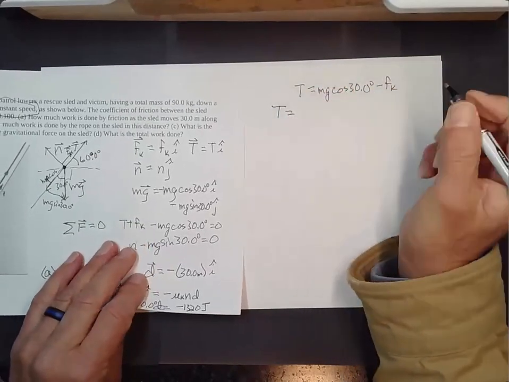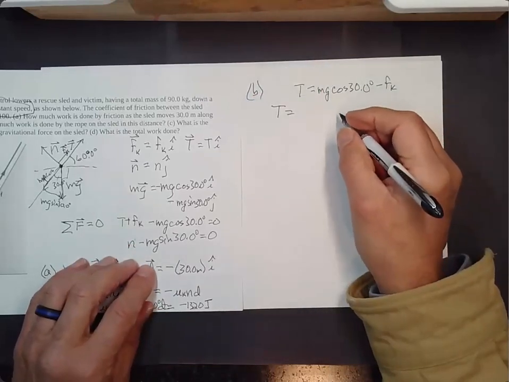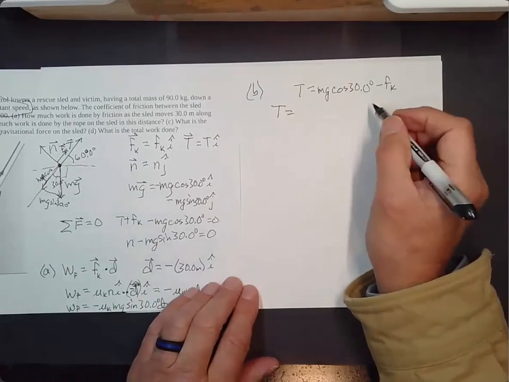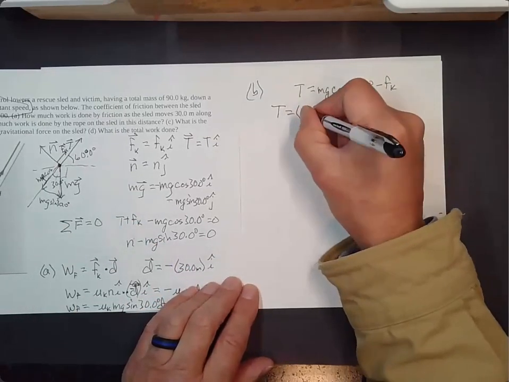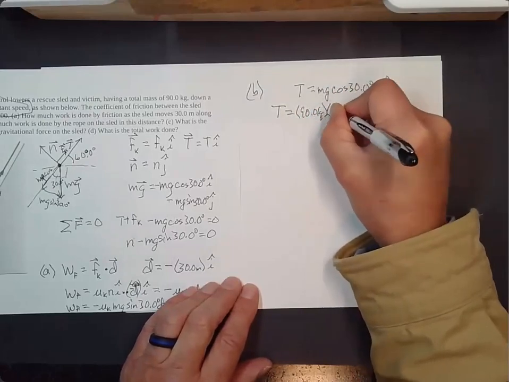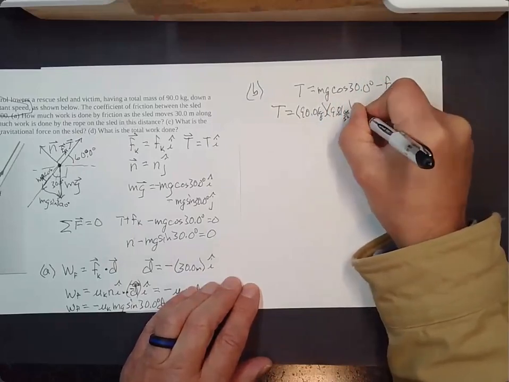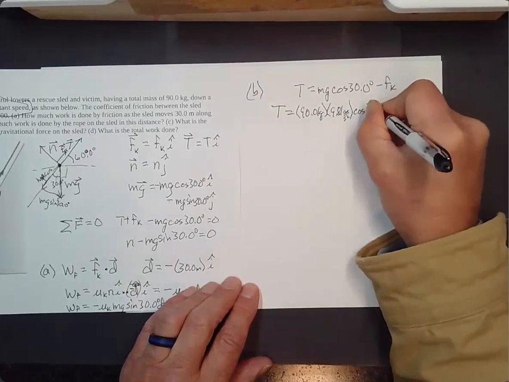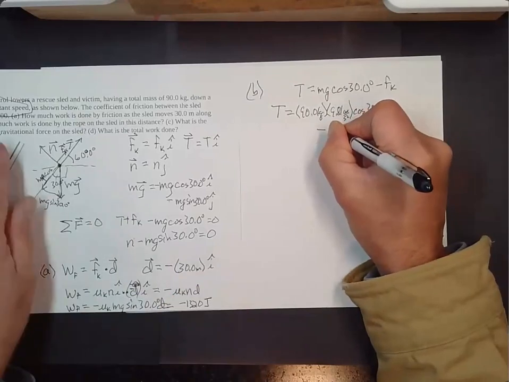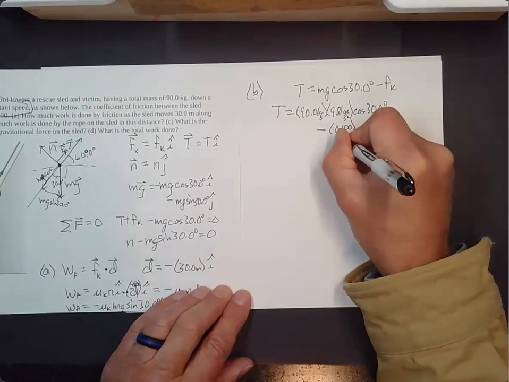Now I have to be careful about using the word work because it's going to have loaded meanings after this. Anyway, 90.0 kilograms times 9.81 meters per second squared times the cosine of 30, minus F sub K, which is mu sub K, which is 0.100, and I'll just put a note under there.